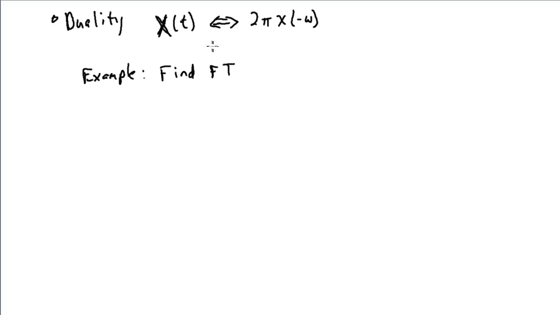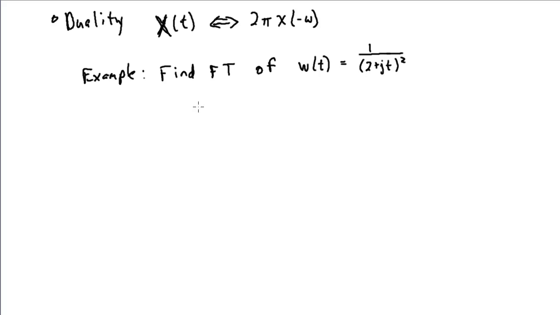Now, this property actually comes from the similarity between the Fourier transform integral and the inverse Fourier transform integral. You know, they differ by a minus sign and a factor of 2 pi if you go back and look at the definition. So, as an example, let's say we're going to find the Fourier transform of w of t is 1 over 2 plus jt squared, and I look through my table of Fourier transforms in the book.